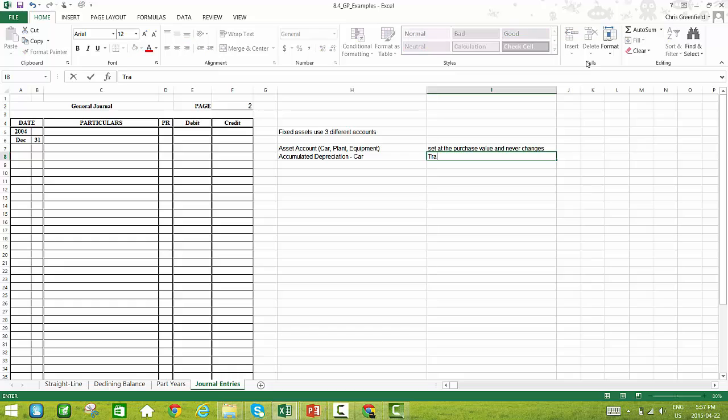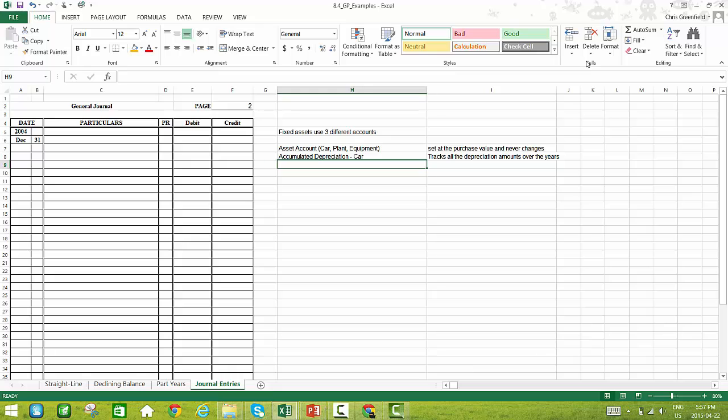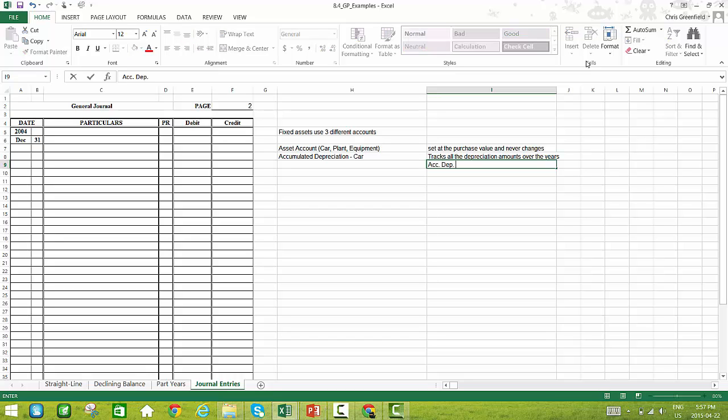This tracks all the depreciation amounts over the years. The other thing about this is the accepted short form for this would be ACC. DEP. and then the dash and then the car or whatever name of the asset is.